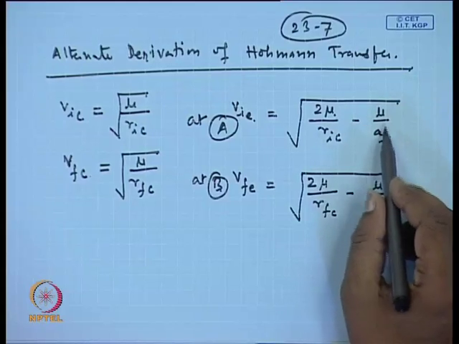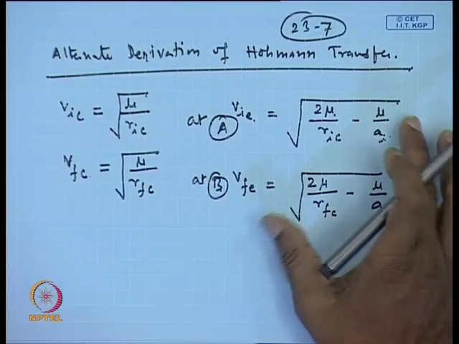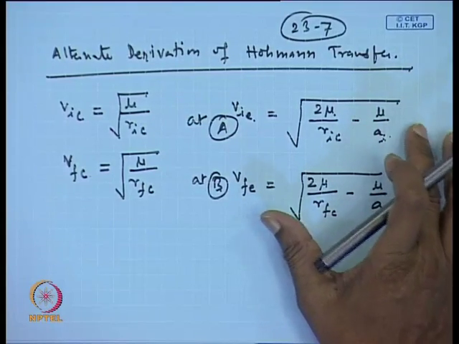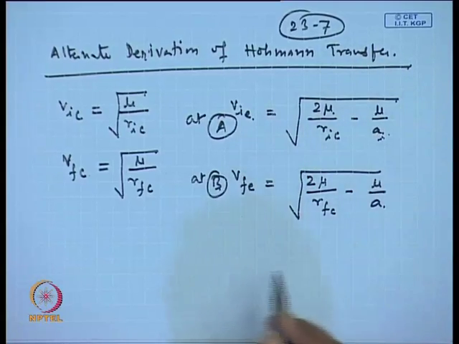This quantity a is a constant of the elliptical or transfer orbit, so it is not changing.